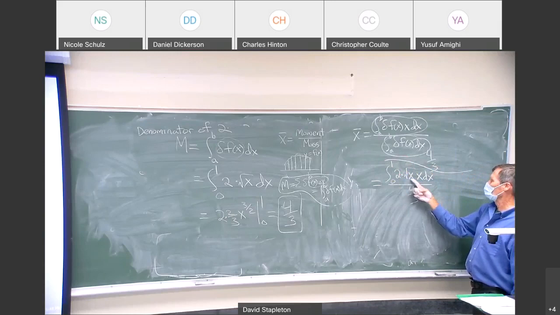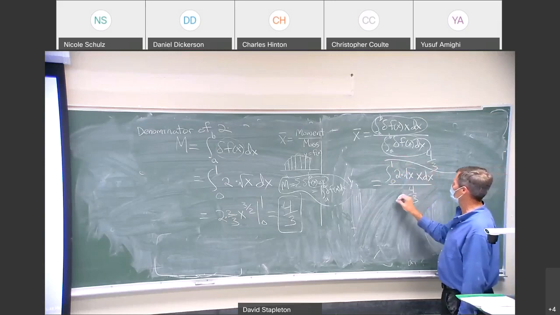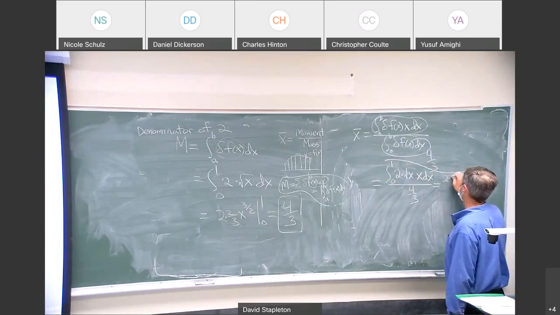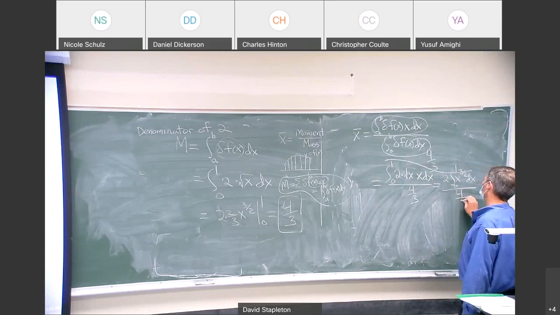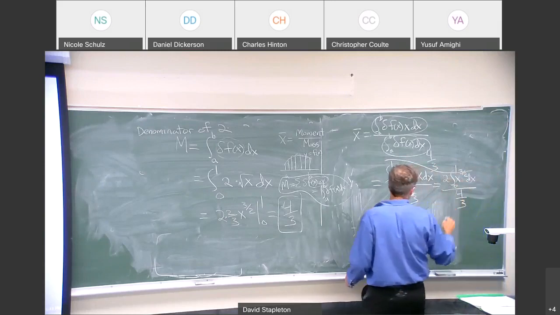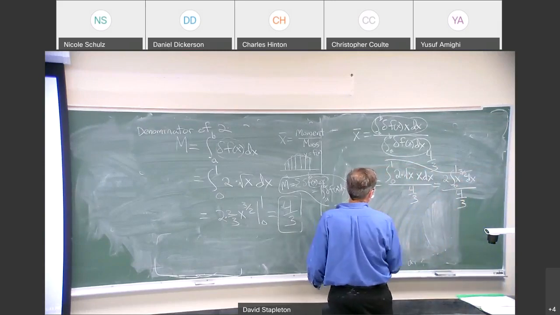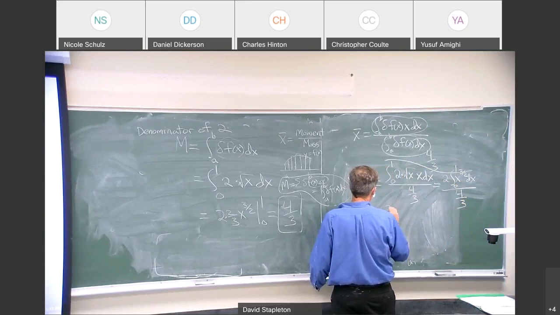So integral of x to the 3/2, right? Twice the integral of x to the 3/2 dx from 0 to 1 over 4/3. X to the 3/2 integrated gives me x to the 5/2 times 2/5.